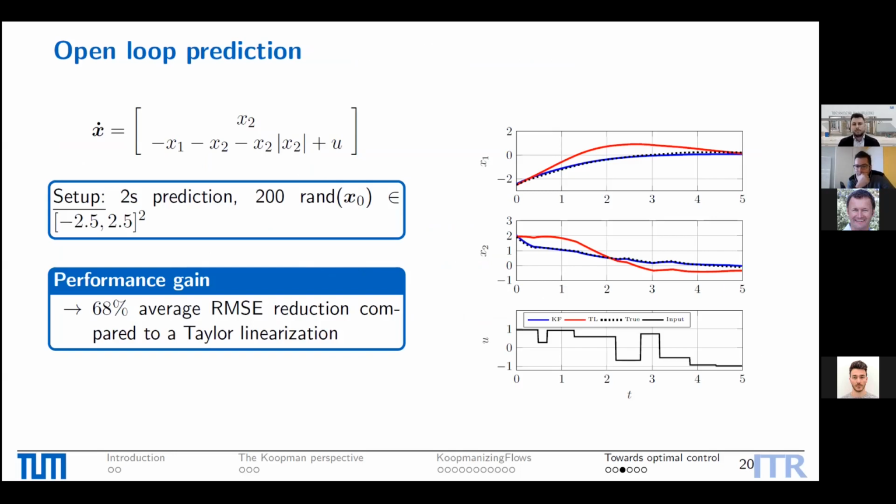And we see that for this case, we have a 68% average RMSE reduction compared to a Taylor linearization. And on the right, we can see some sample trajectories where for a very long time, basically 5 seconds, we can very well follow the nonlinear system behavior under random control inputs.